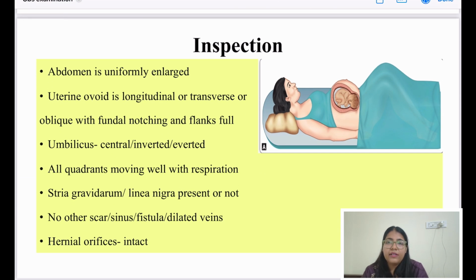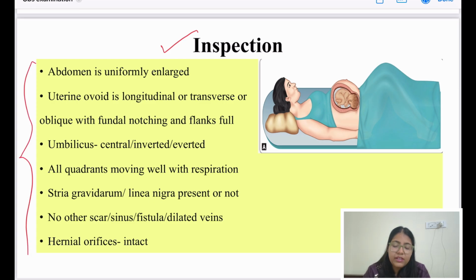So first thing is inspection, and then palpation, and then auscultation. There is no percussion in obs exam. So in inspection, what points should you mention? These are the points you should mention while you are writing per abdomen examination as inspection. So if the abdomen is uniformly enlarged or not, the uterine ovoid, sometimes we see the ovoid is longitudinal or transverse.